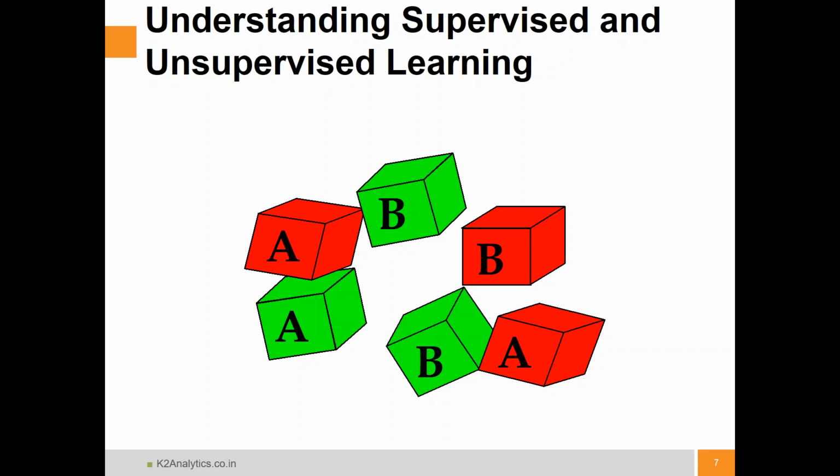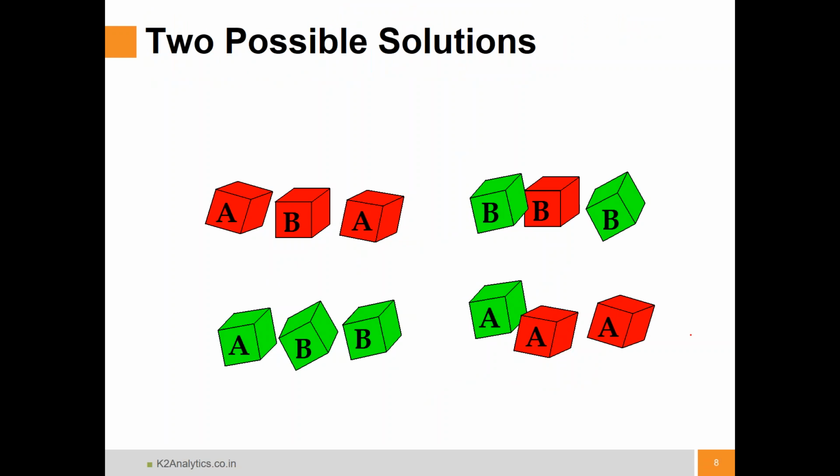If I ask you to do analysis of this, what you can do is you can say there are red cubes versus green cubes, there are A cubes versus B cubes, or probably you can do a two-dimensional segmentation also, saying red and A cube, red and B cube, green and A cube, green and B cube. So you will have four segments.